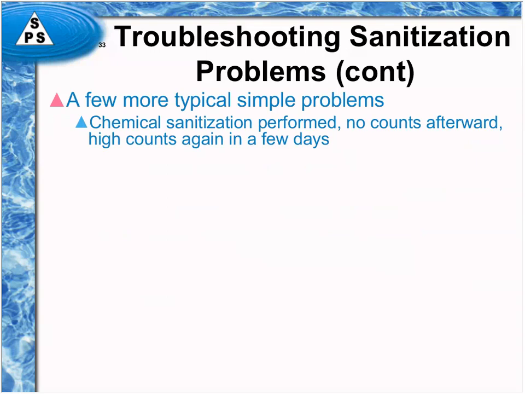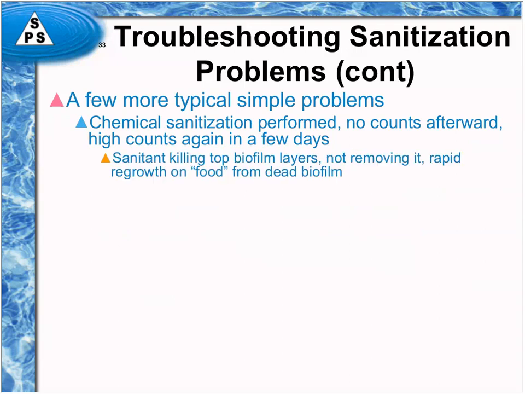When chemical sanitization is performed, immediately afterwards you get 0 counts and then high counts again in a few days. That usually means that what the sanitant has done is it's killed off the top layers of the biofilm, and so when you sample right after that you see nothing, but then the biofilm that's underneath regrows based on the food from the dead biofilm on top of it, and suddenly you've got all kinds of counts coming out of your system, literally within about a week or two.